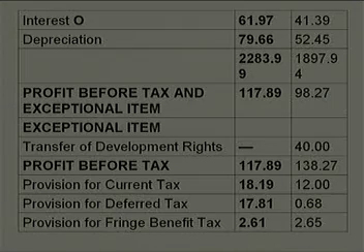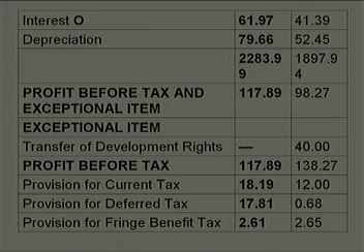So it is all a notional expense. From this information you can get the profit before tax and exceptional items. I will tell you what exceptional items are. Sometimes some companies may transfer their development rights or sell their patent. These are not very common, but sometimes that may also take place.